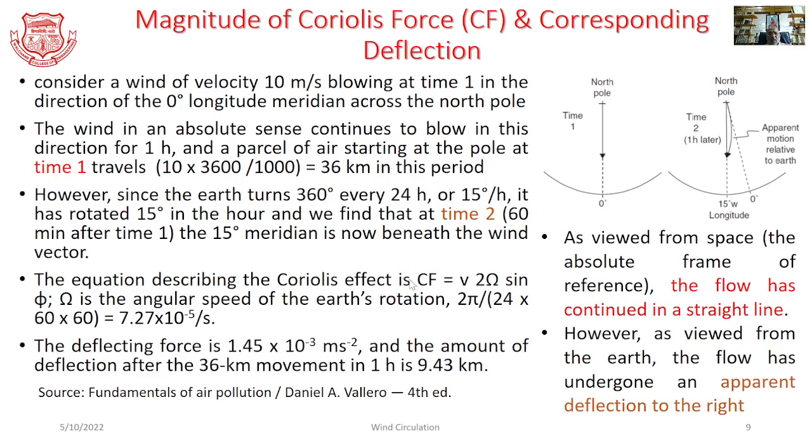So as we thought of this Coriolis effect and its quantification by this equation, the angular speed can be determined as 7.27 into 10 raised to minus 5 per second as presented here.